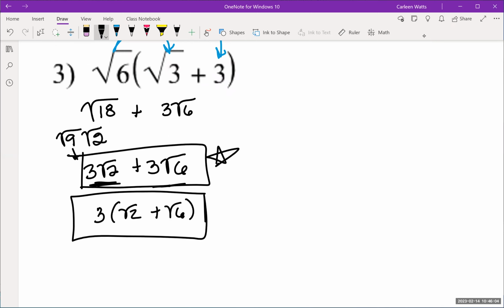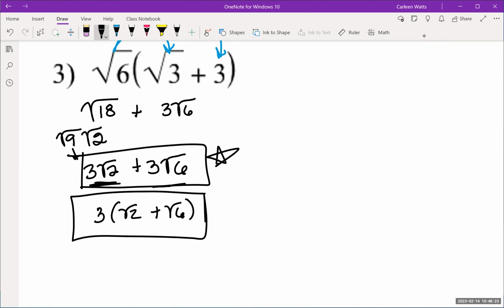So either way, if it's just write the answer, don't take the extra step and make a mistake, because then you took a step you didn't have to take, and you ended up losing points.